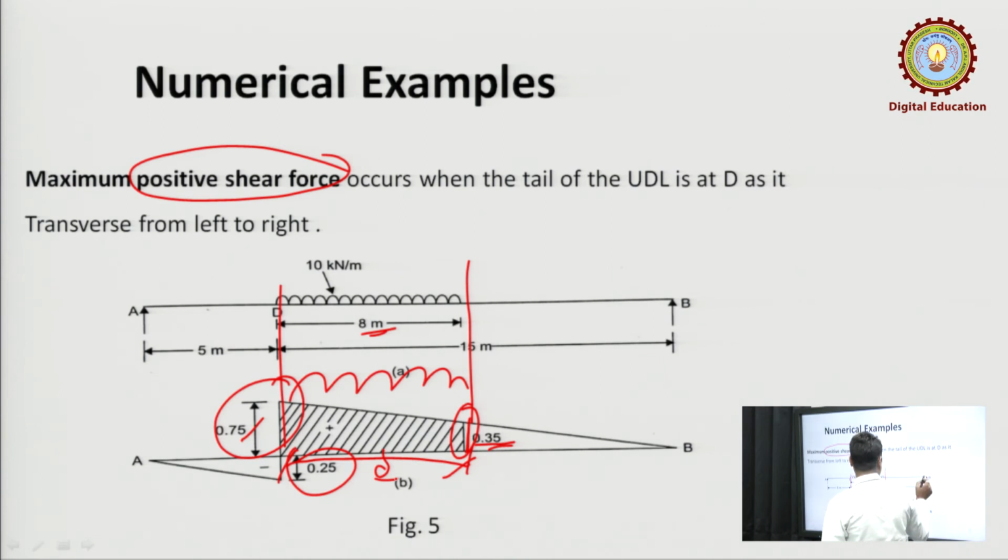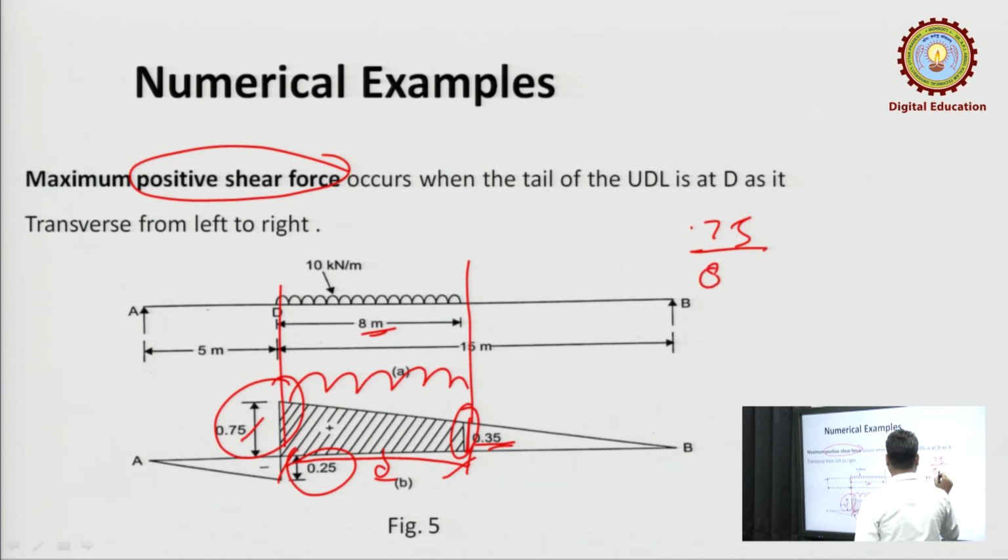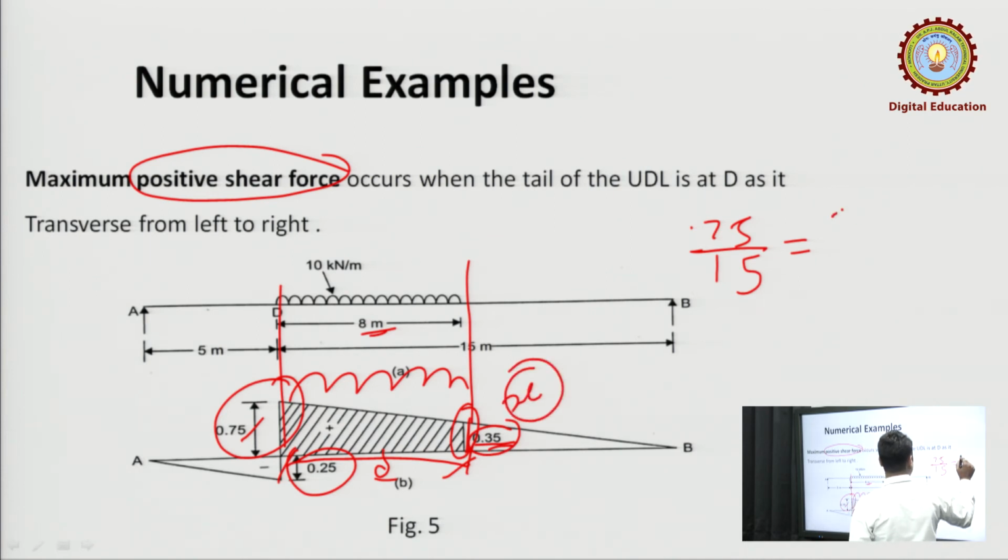Now by the triangle law, 0.75 upon 15 meter is equal to x upon this smaller value. The total length is 15, you have 8, that means 15 minus 8.